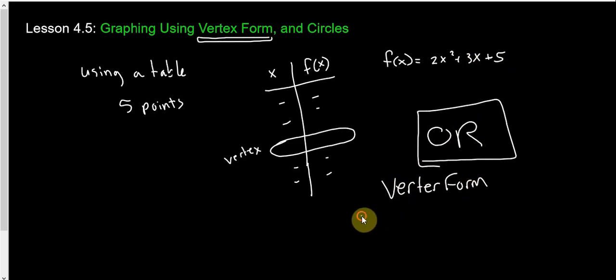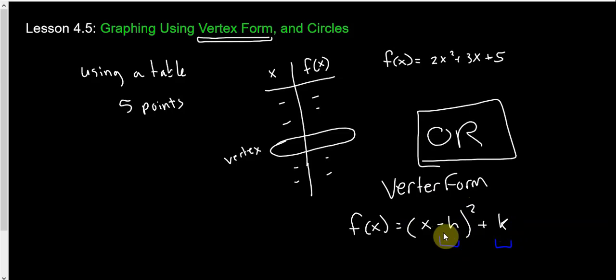And that's going to look this way. You're going to have x minus some number, or the opposite of some number squared, plus another number. And if I ever have it written in this way, what I'm doing is giving you the vertex.